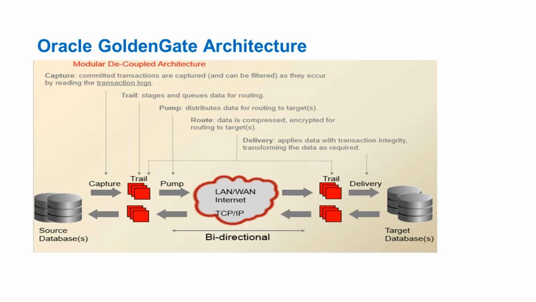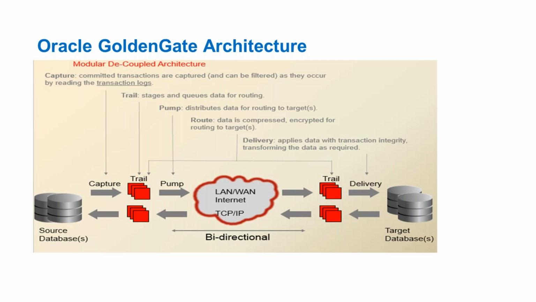Now, Golden Gate also allows you to set up a bidirectional environment. By bidirectional, we mean that both sites can be live. Both sites access the source and the target as well.